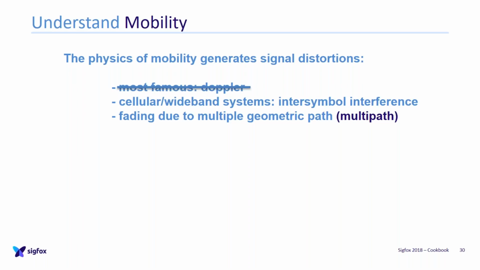With Sigfox, we have ultra-narrowband. Our symbols are extremely long. Inter-symbol interference in mobility doesn't exist in terrestrial conditions.